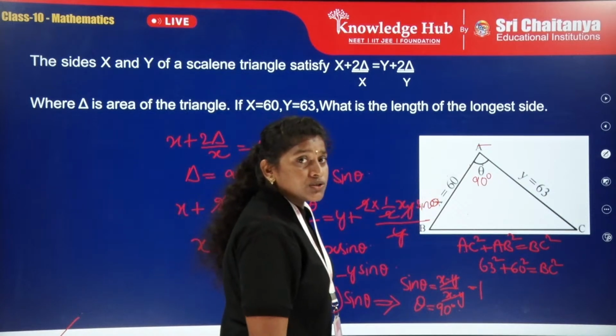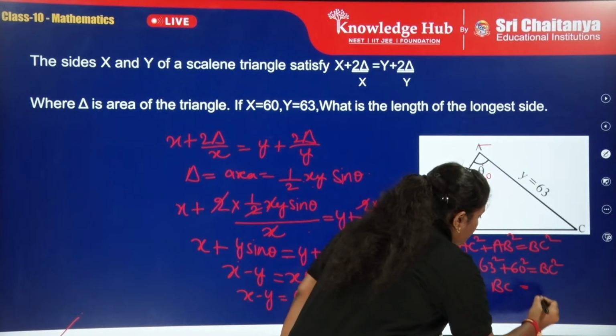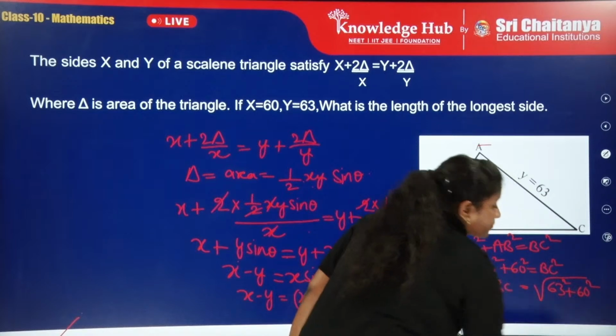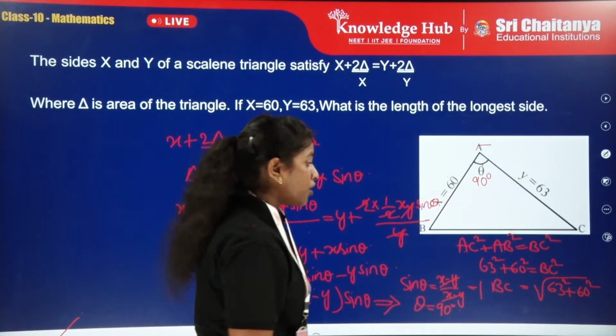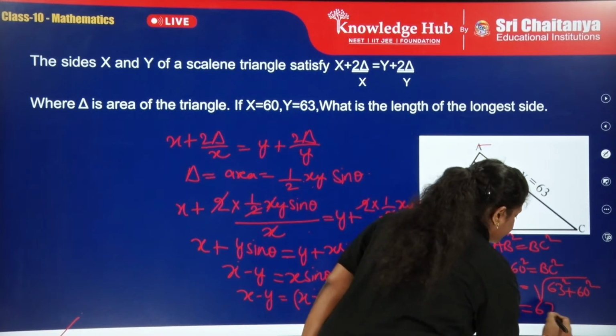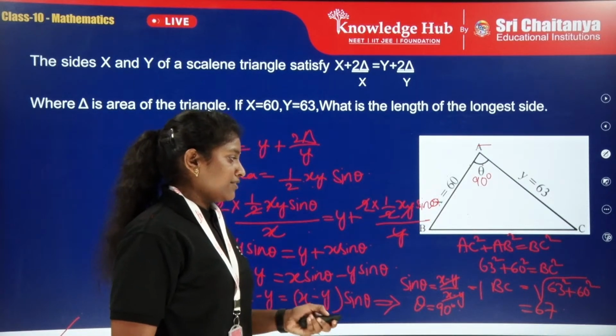On solving this, we will get BC equals root of 63 square plus 60 square. If you simplify it further, then you will get your BC value.